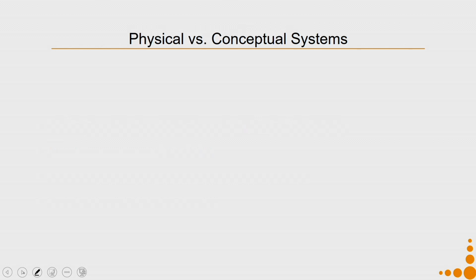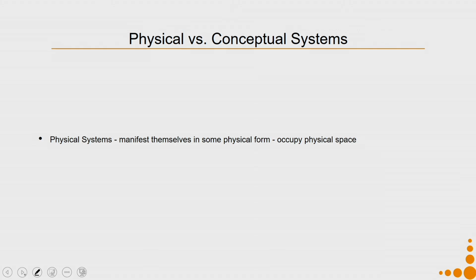Physical versus conceptual systems. A physical system manifests itself in some physical form, that is, it occupies physical space. Say, for example, a computer system is a physical system because it occupies certain physical space.